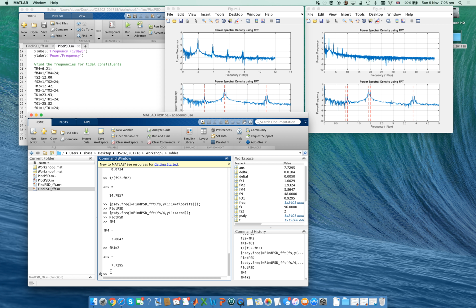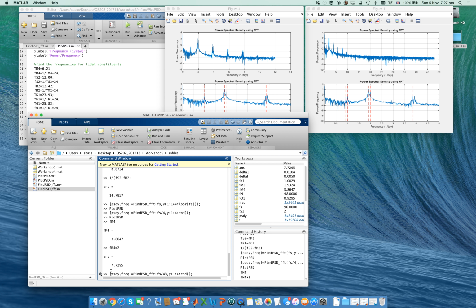So that means we're doing 2 samples a day, and then we want to call our find PSD FFT function. To get 2 samples a day, it means that we would be sampling at the sample rate divided by 48.